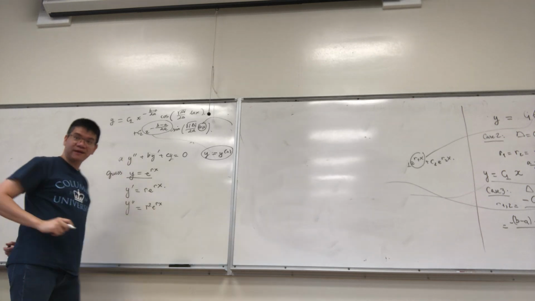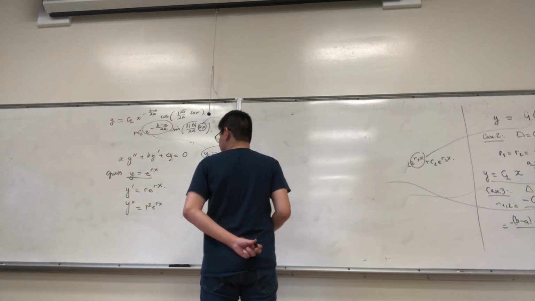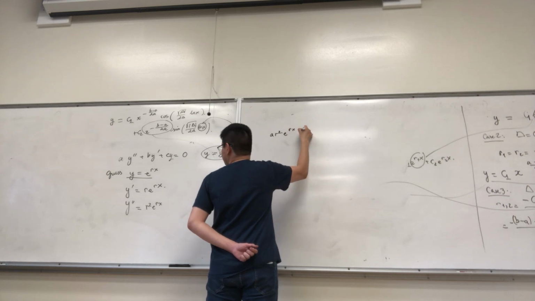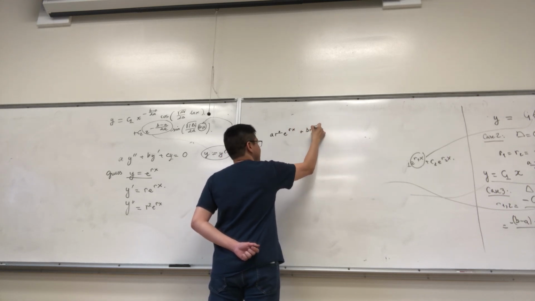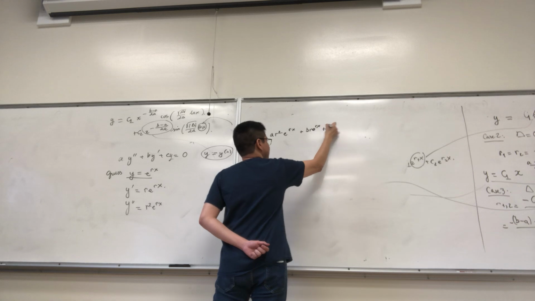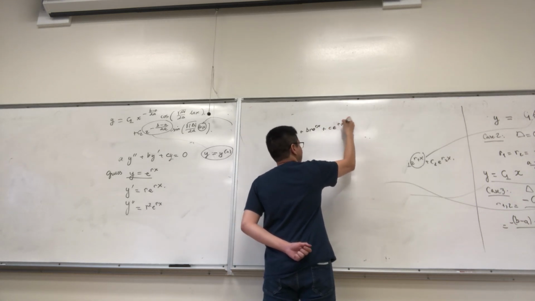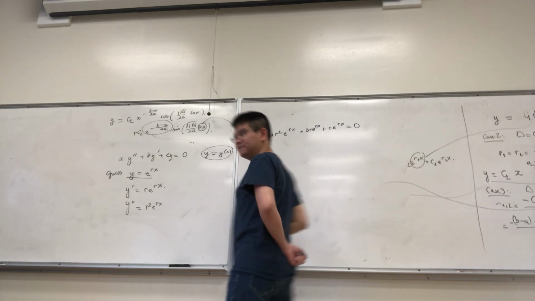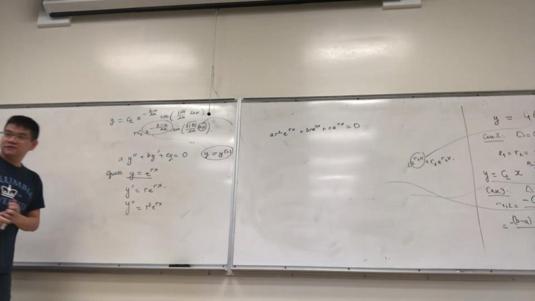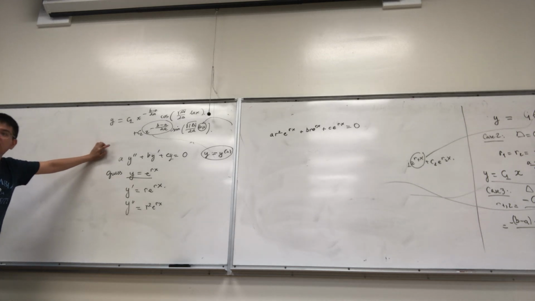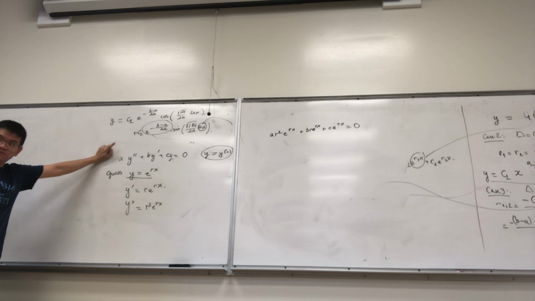Now you plug everything back into the equation. Then you have a r squared e to the rx plus b r e to the rx plus c e to the rx equals 0. So the idea of solving a second order differential equation with constant coefficients is that you guess the solution should be of exponential form.